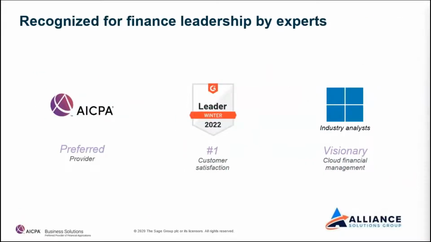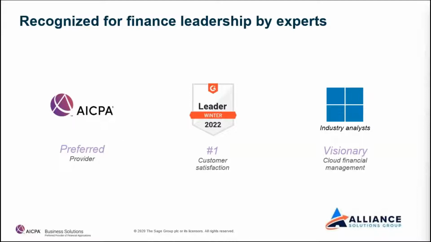One of the things I'd like to point out is that Intacct does win awards for its financial capabilities. The first one you see there, the AICPA, a lot of people on this call may go, great, that's accounting and everything, but how does that really benefit us? Well, first of all, we're the only preferred provider by the AICPA out of all the other software out there. So if you start thinking about, are you having to report to a bonding company?